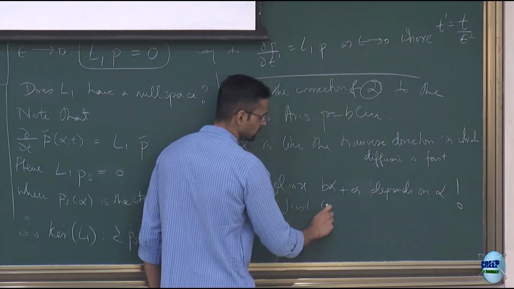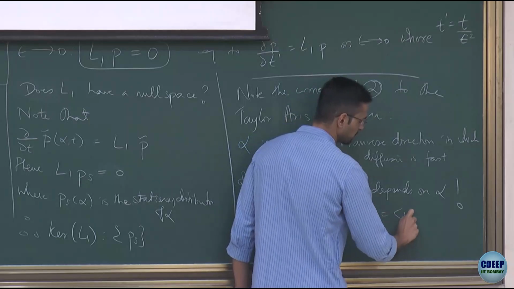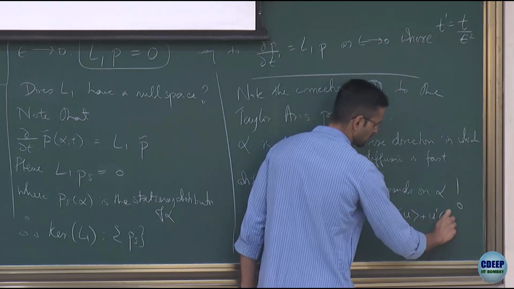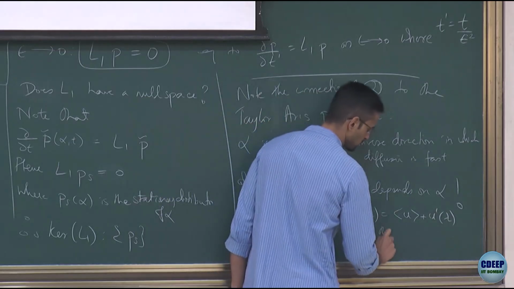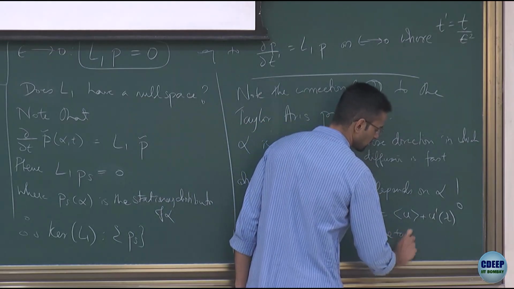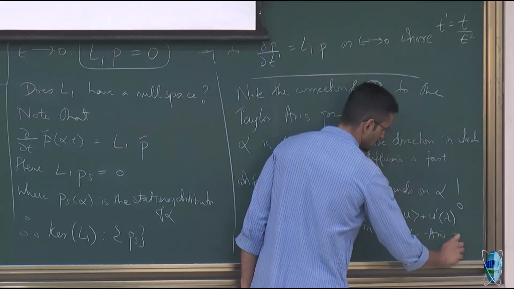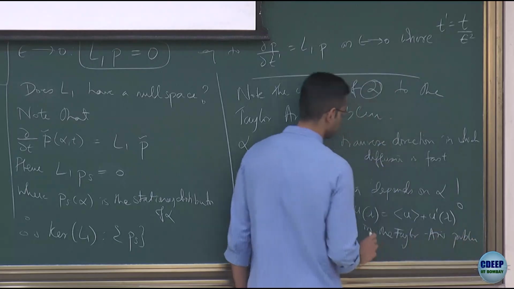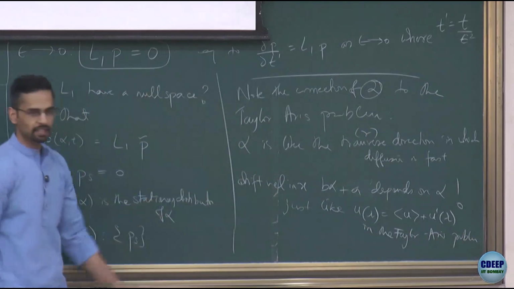That is just like U of R being some mean, right, in the Taylor-Harris problem. So I think of alpha as a transverse direction now.